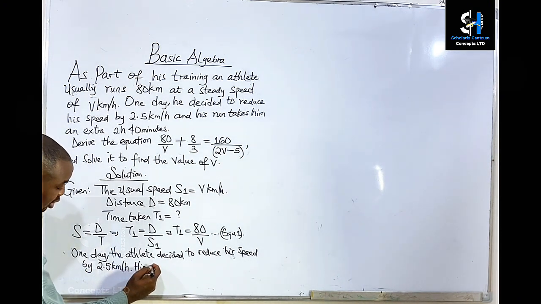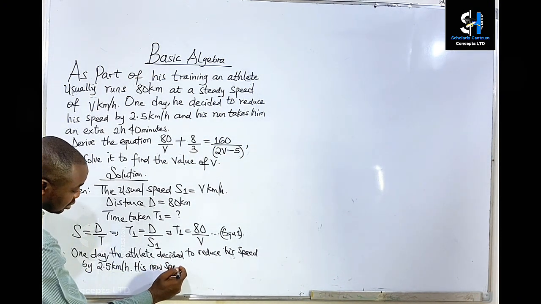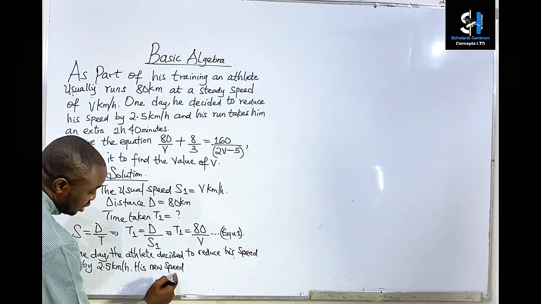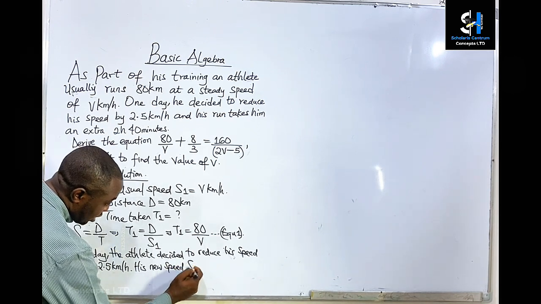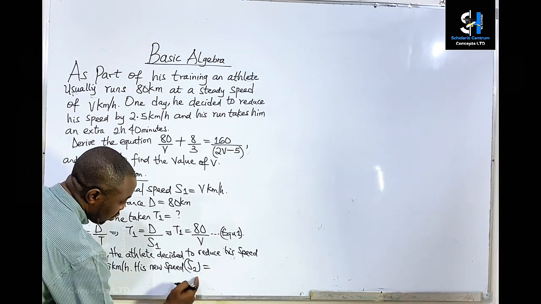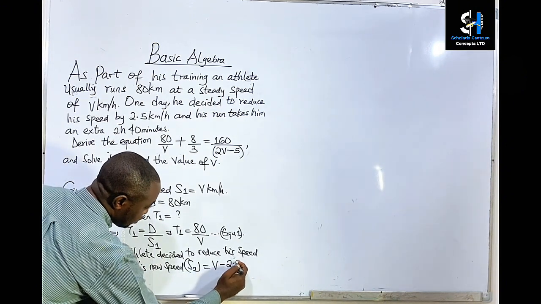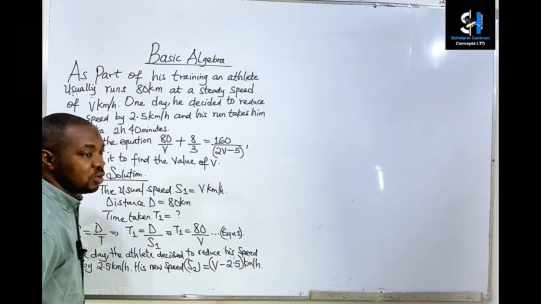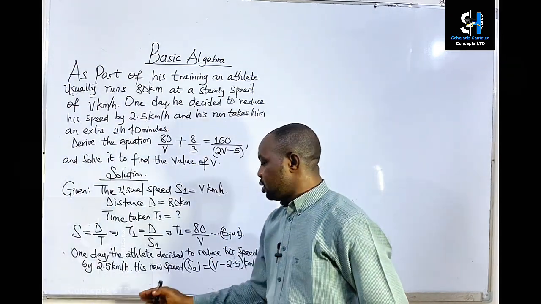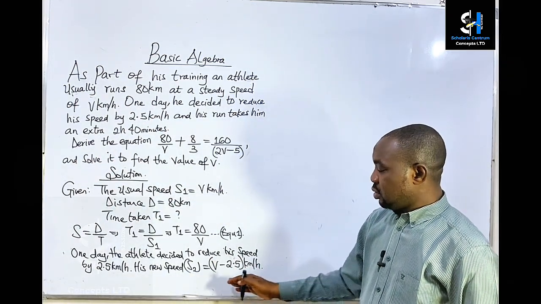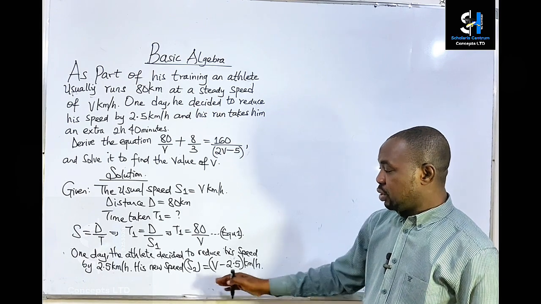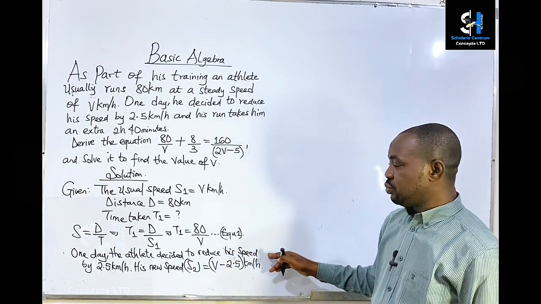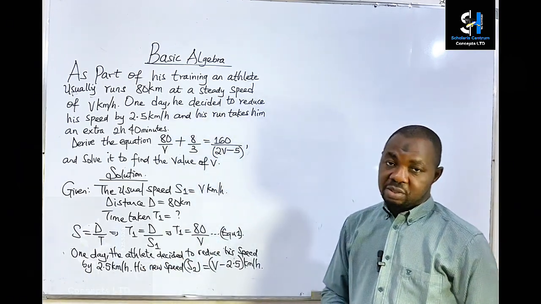So his new speed, that will be S2, will then equal V minus 2.5. Remember, the unit of speed is kilometers per hour. So this is the new speed of the athlete, because he decided to reduce his speed by 2.5 kilometers per hour.